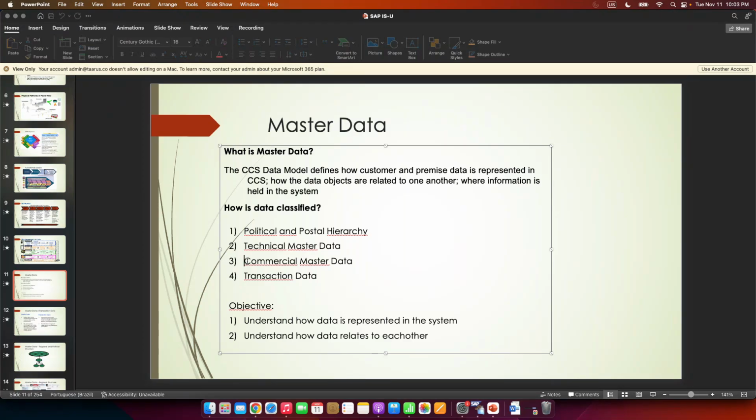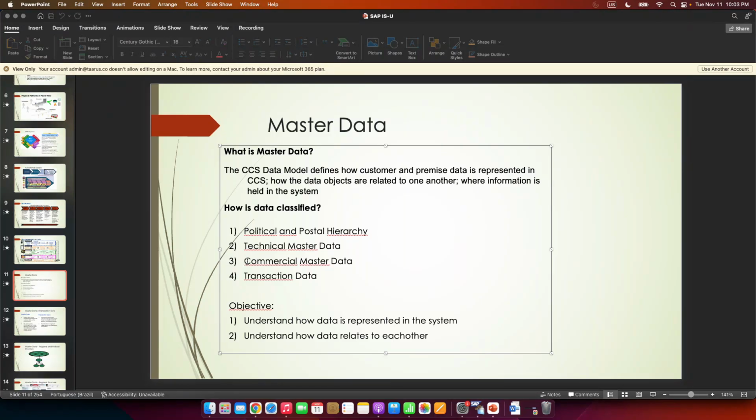The same thing we are going to maintain as technical master data in SAP IS Utilities. In this, you can also maintain the address components in SAP. That address component is called the political and postal regional structure, or in simple terms, we call it regional structure.